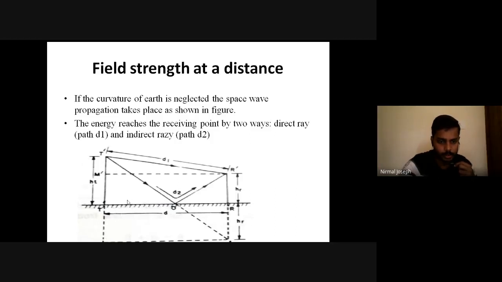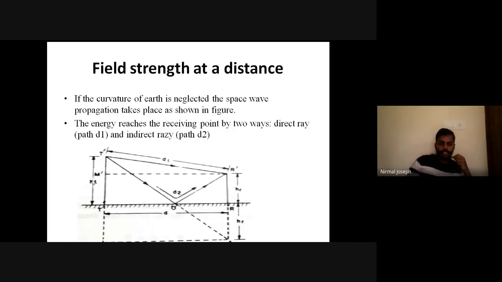So B T dash will be HR plus HT. And one more thing: here we have taken the curvature of Earth as 0, or we have considered a flat Earth. Then only this will work. Here the Earth is shown as flat only.